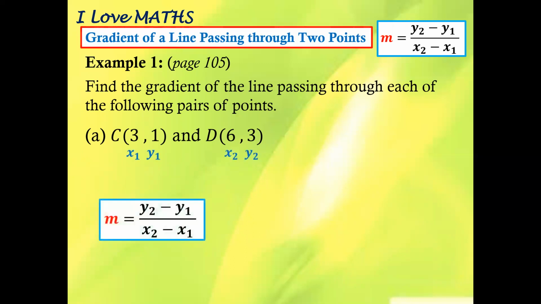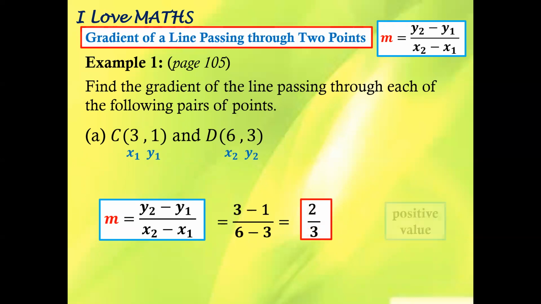Then substitute 3 to y sub 2, 1 to y sub 1, 6 to x sub 2, and 3 to x sub 1. So that would be 3 minus 1 all over 6 minus 3. And the value is 2 over 3.